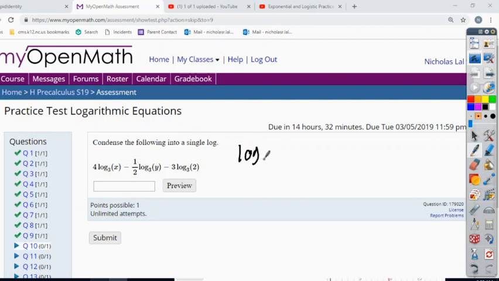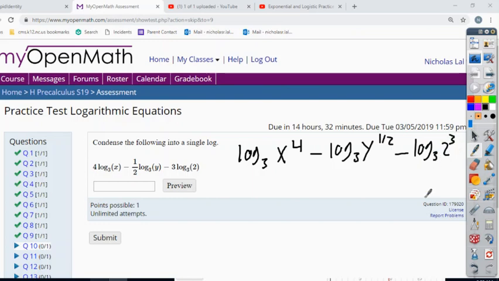You have the log base 3 of x to the 4th minus the log base 3 of y to the 1/2 minus the log base 3 of 2 cubed.